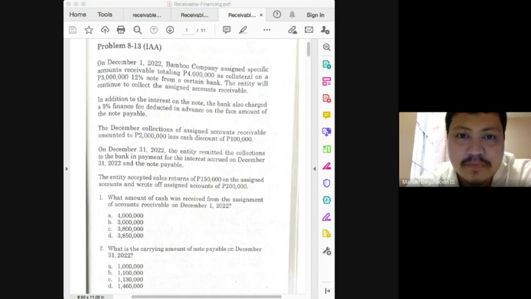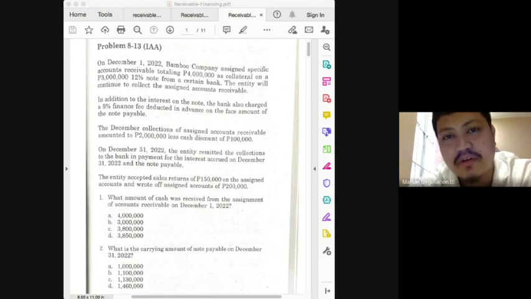Because the main issue involving pledging is whether or not the student knows that pledging will not have any effect on total receivables. So for problems involving pledging, the common question there would most definitely be how much would be your total receivables.